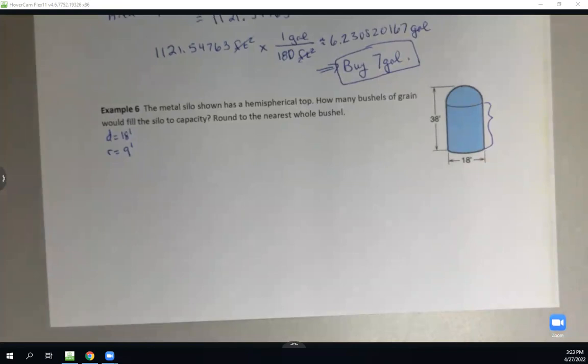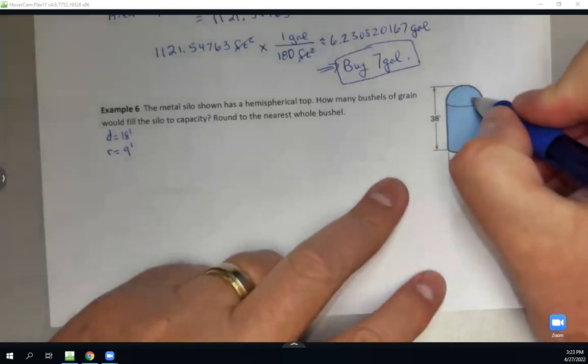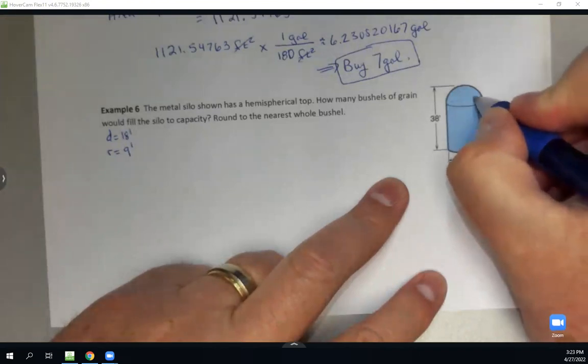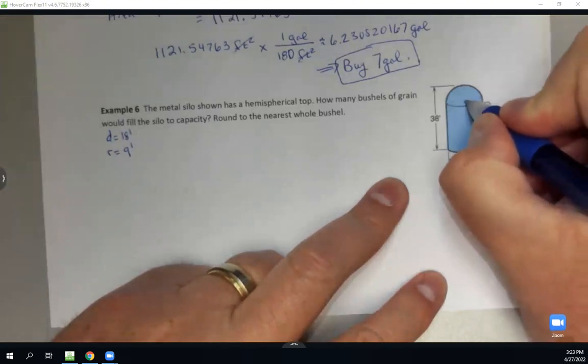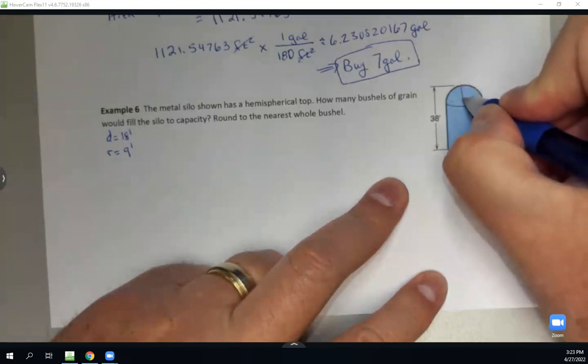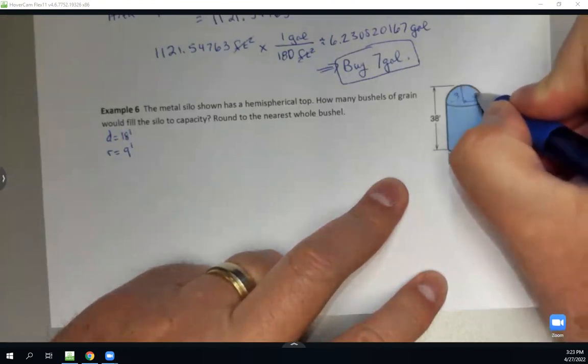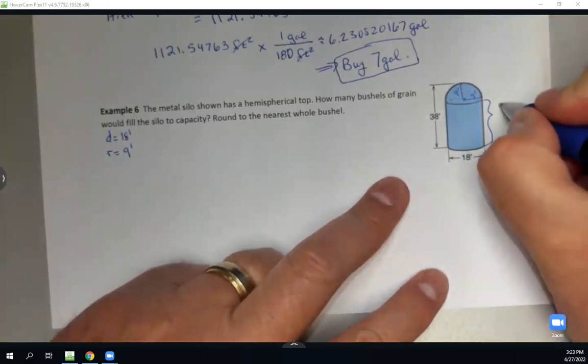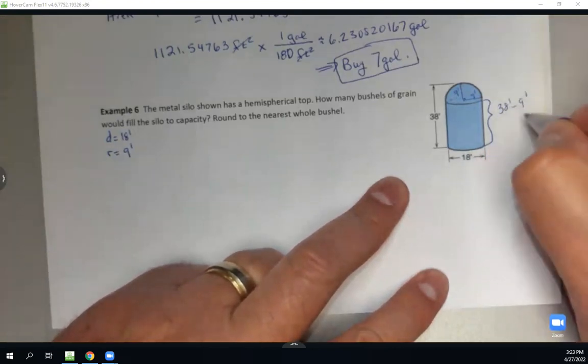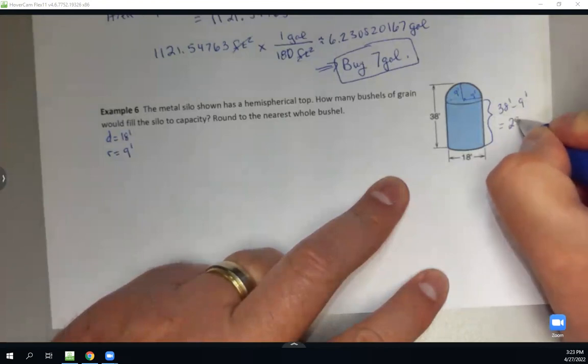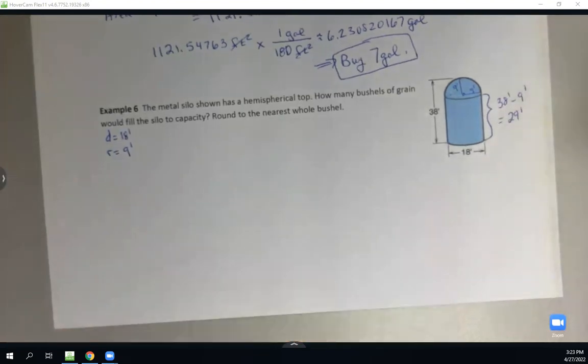How far? 20. Where'd you get 20? Oh, no. Would you subtract 18? No, you subtract 9. So like if I picture in the top here of my hemisphere, the radius there is 9, which is also the same as from the center to the top, right? So if I take 38 feet minus 9 feet, that's going to be 29 feet is the height of the cylinder part. Does that make sense?